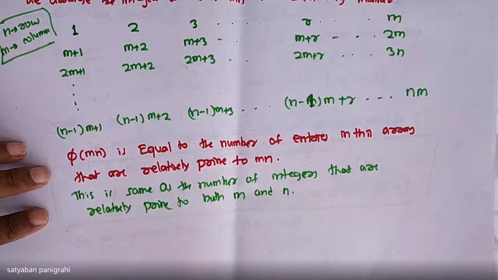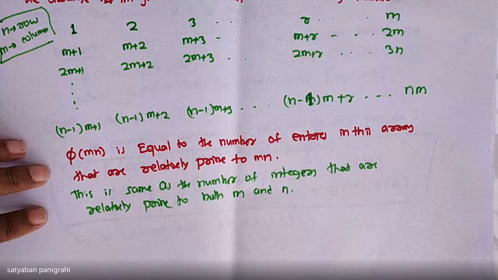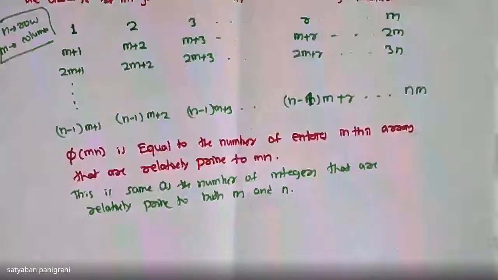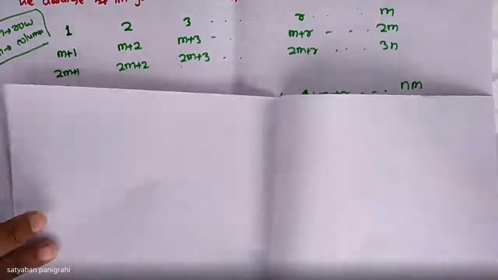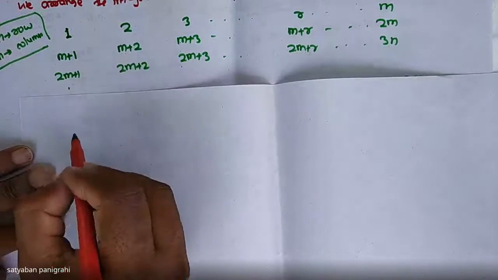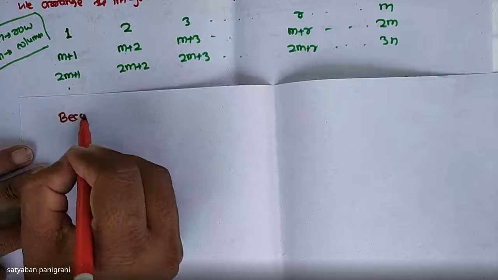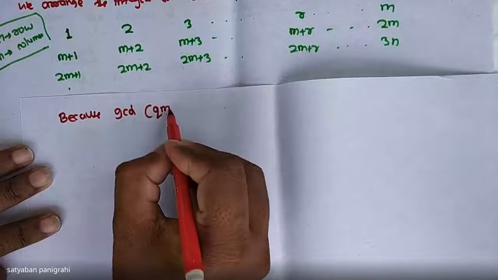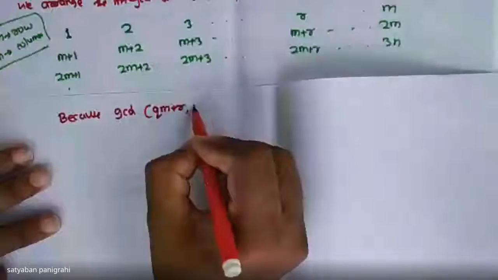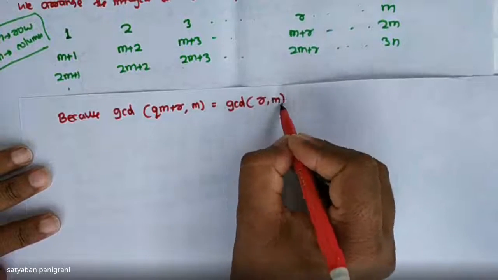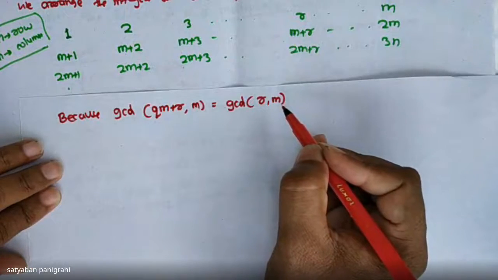Now you can see that, because GCD of qm plus r and m is equal to GCD of r and m. Already we proved this in our Euclidean algorithm case.